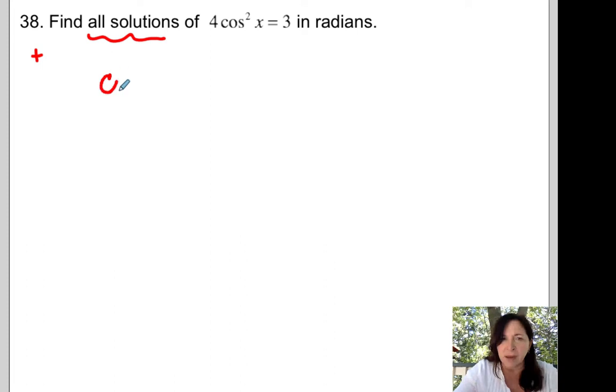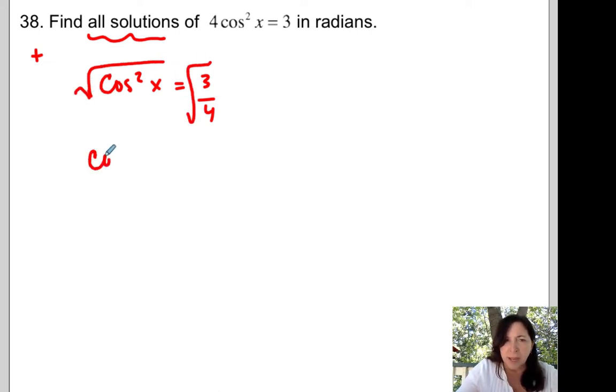So I'm going to get cosine squared of x is equal to 3 over 4. And I'm going to square root both sides to get rid of the square. So I get cosine of x is equal to plus or minus the square root of 3 over 2. And so what this is asking me is, where is cosine? Let me fix that.